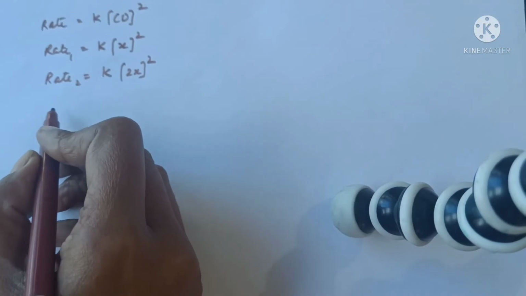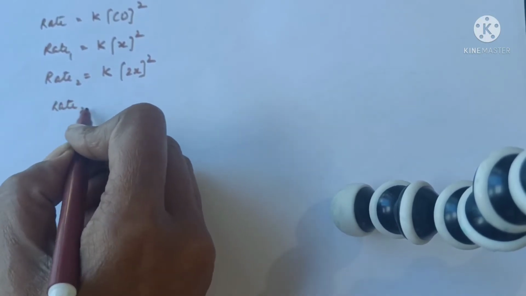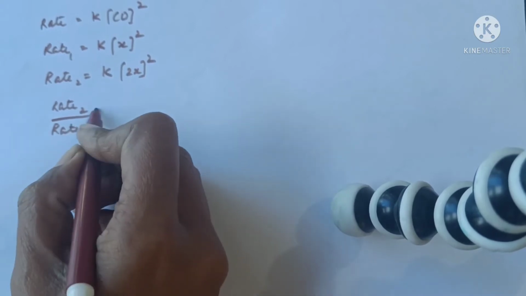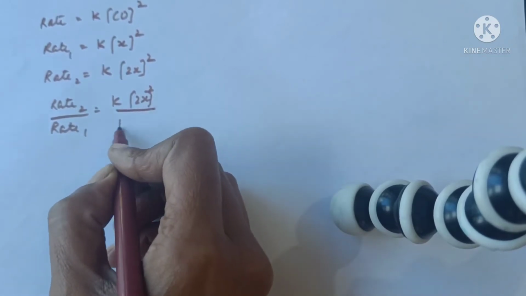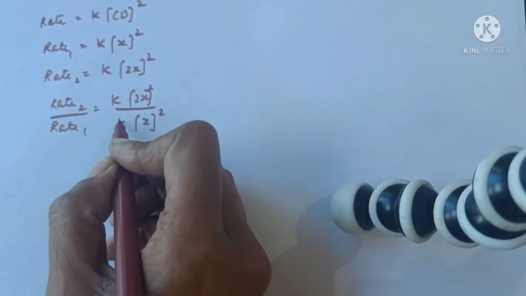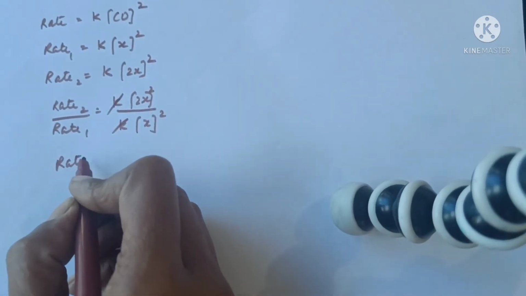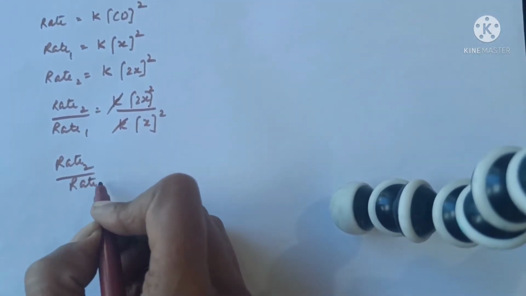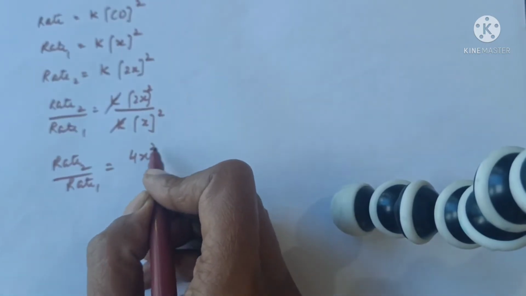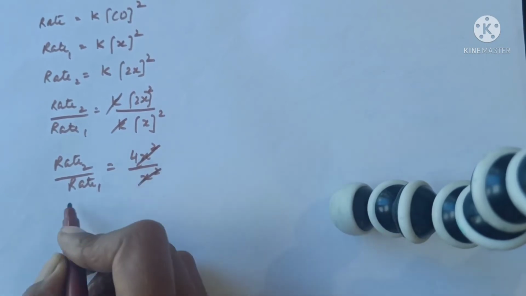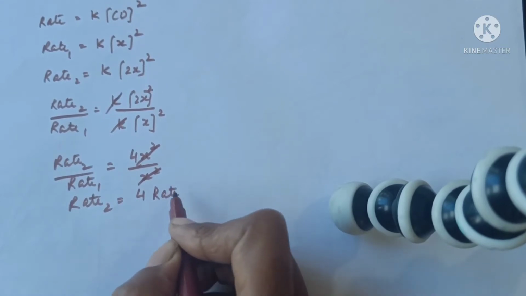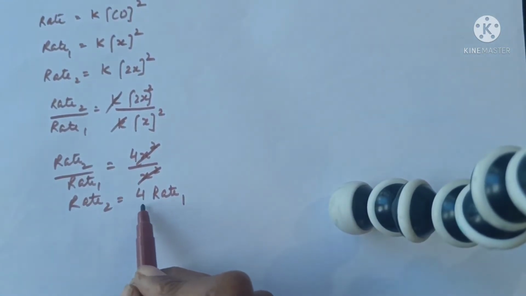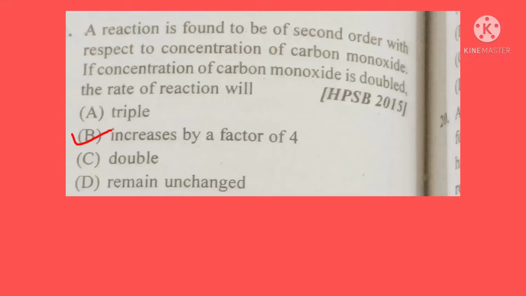Dividing rate 2 by rate 1, we get rate 2 upon rate 1 is equal to K into 2x square upon K into x square. So rate 2 upon rate 1 is equal to 4x square upon x square. So rate 2 is equal to 4 times rate 1. So that means the rate increases by a factor of 4 times. So option B is the correct answer.